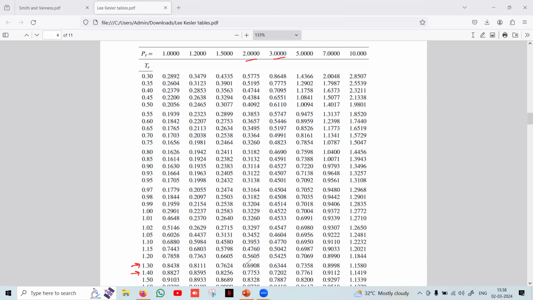In this line, I have 0.69 and 0.77. What I want is at 1.33. So at 1.3, I have 0.69. At 1.33, how much? And at 1.4, I have 0.77.